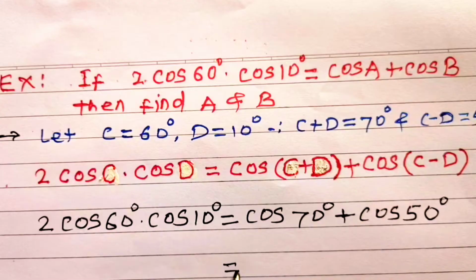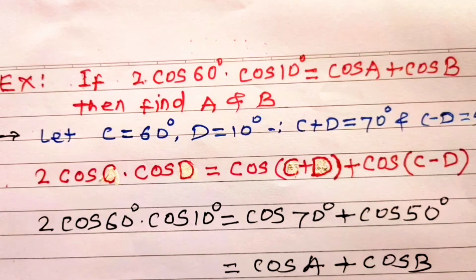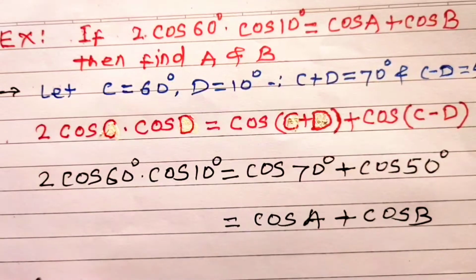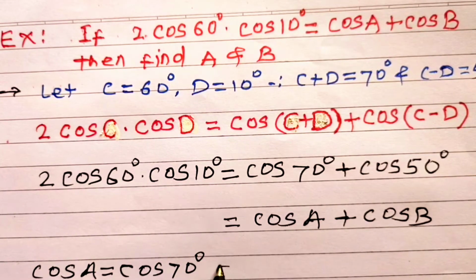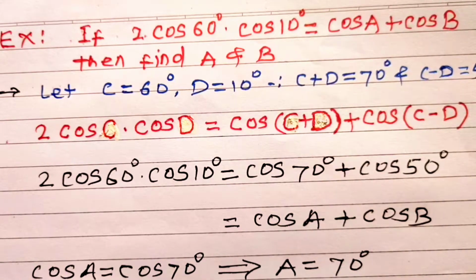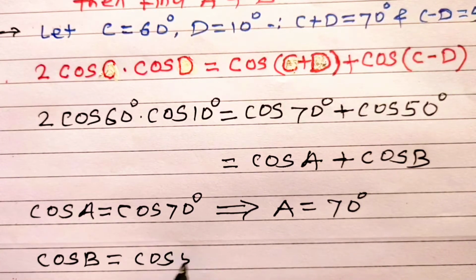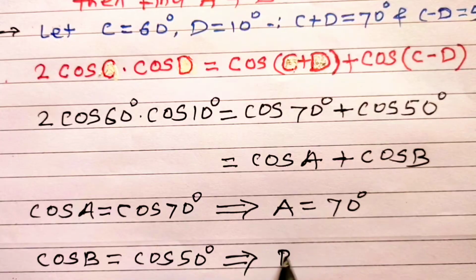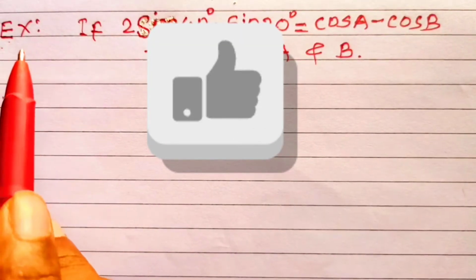And so this is equal to cos of A plus cos B. We can compare this and this to get values of A and B. Hence we can write cos A is equal to cos of 70 degree, and this implies A is equal to 70 degree. Similarly, cos B is equal to cos of 50 degree. This implies B is equal to 50 degree. Hence the answer.